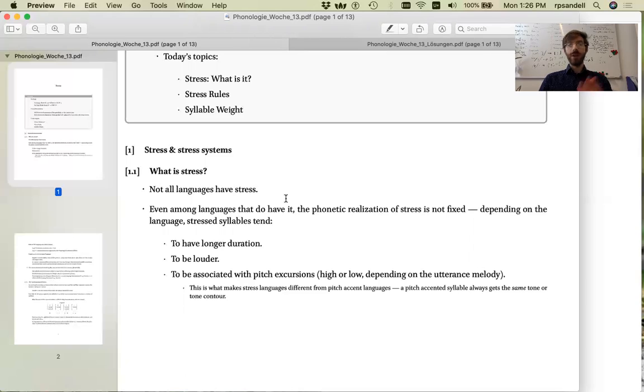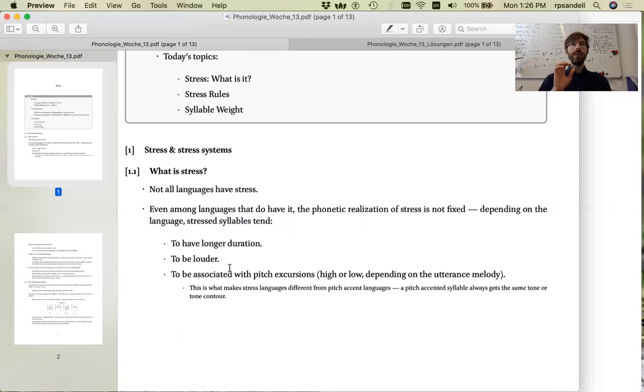However, depending upon the particular languages, there is an overall tendency in terms of phonetic correlates, that is in terms of phonetic properties, that stressed syllables exhibit. They're generally longer, that is, in comparison to the syllables that we can consider unstressed. Those unstressed syllables have a shorter duration. The stressed syllables are often louder, and the stressed syllables tend to be associated with certain pitch excursions.